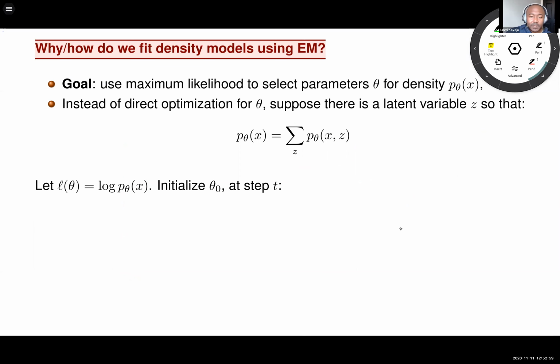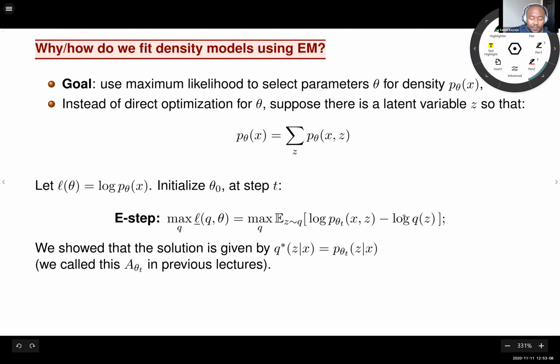As explained before, we generally use log likelihood instead of regular likelihood. Again, we've argued why this is okay and often preferred. So we're going to solve this using EM. We talked about EM last time. In the E step, we find the distribution that maximizes this lower bound. We find the best answer. Based on this best answer, we solve a maximization problem of this lower bound.